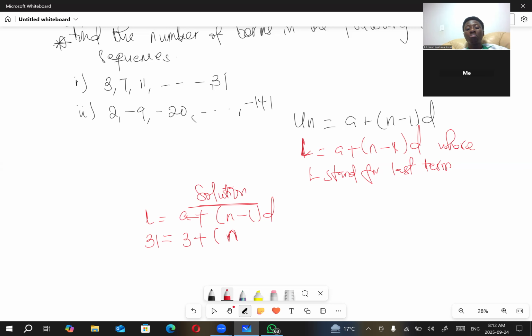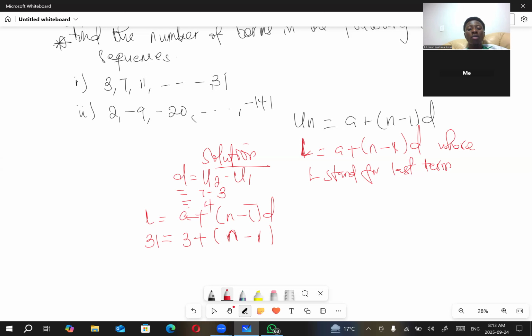Do you know where to calculate the common difference? I apologize, I should have done d equals U2 minus U1, which will be equal to 7 minus 3, which will be equal to 4.